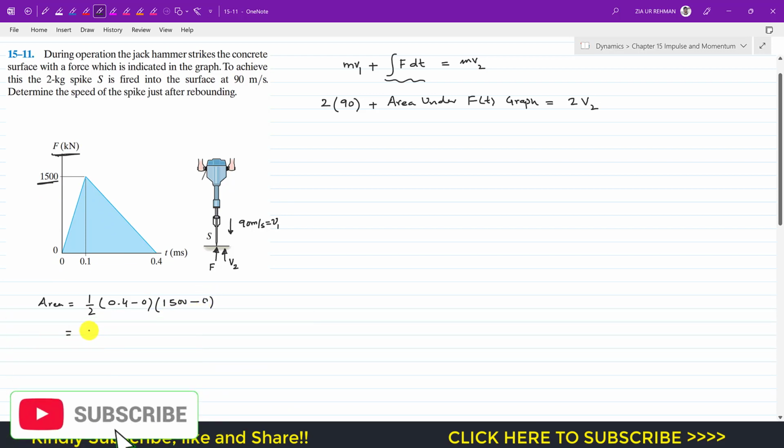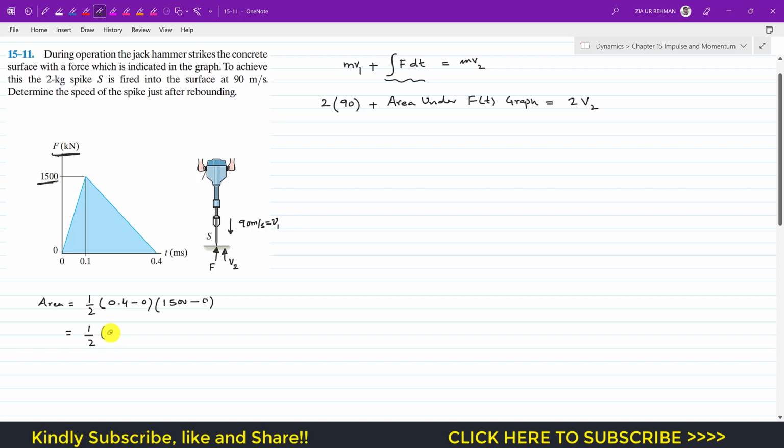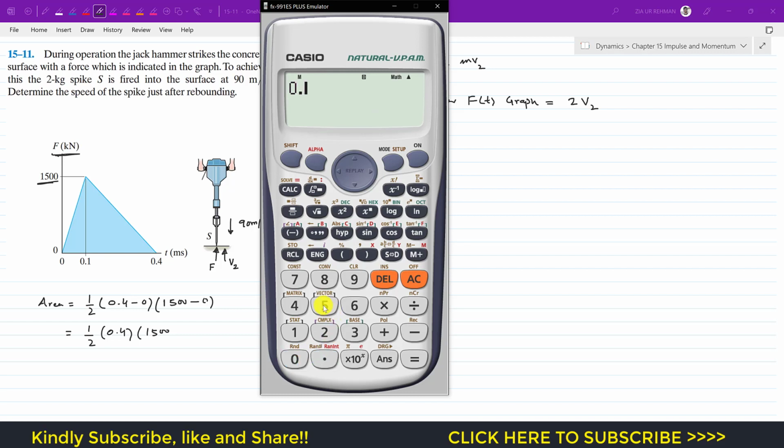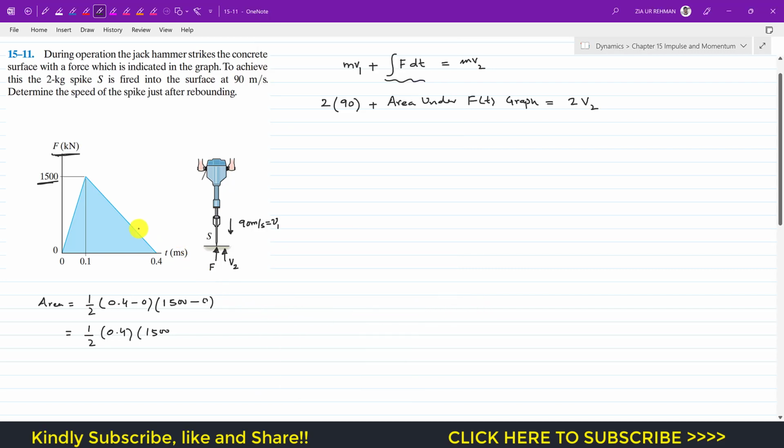So this is 1 divided by 2, which is 0.5, multiplied by 0.4 into 1500. And if we look into the graph, the time is in milliseconds and the force is in kilonewtons. So we have to consider these milliseconds and this kilonewton.